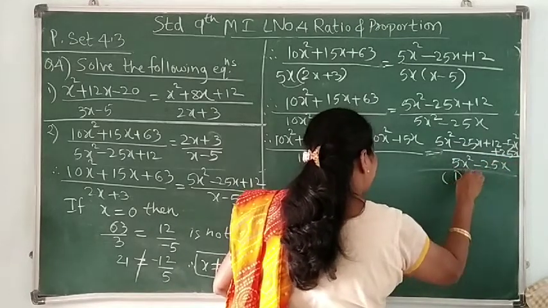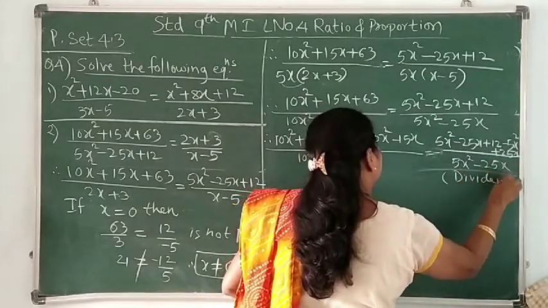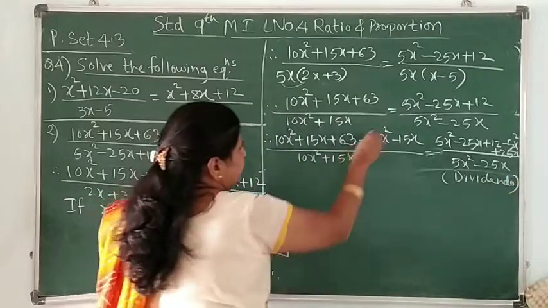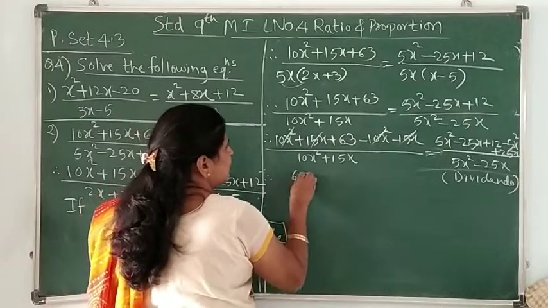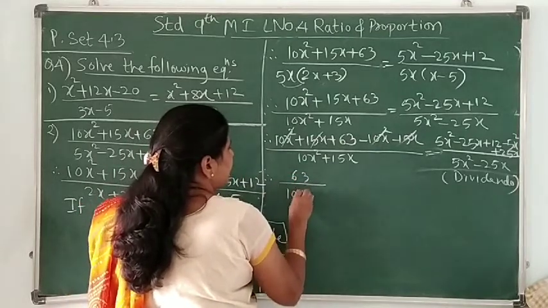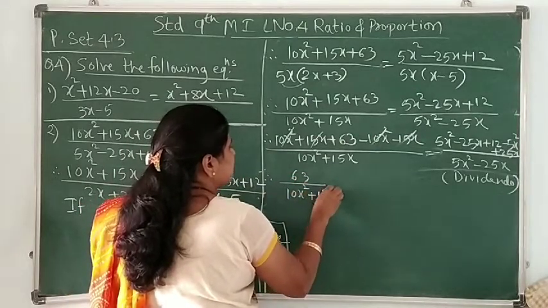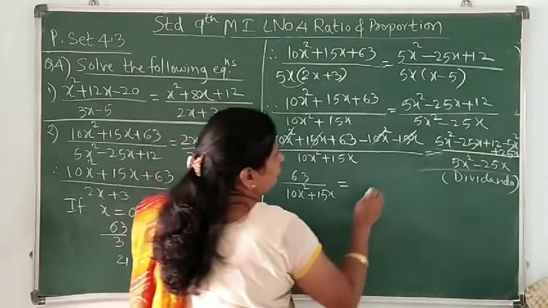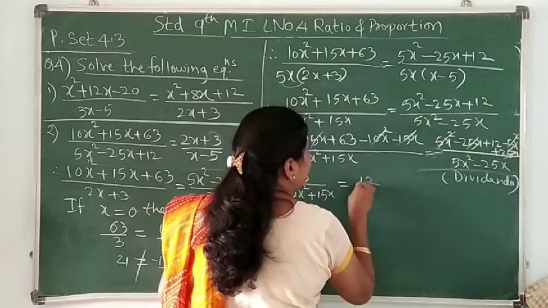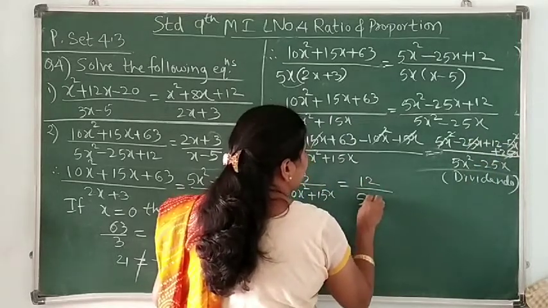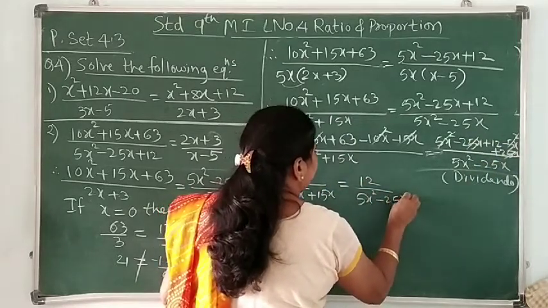We have done dividendo. Okay, now this is going to get cancelled over here, and therefore it is 63 upon 10x² + 15x is equal to, here again, 12 upon 5x² − 25x.